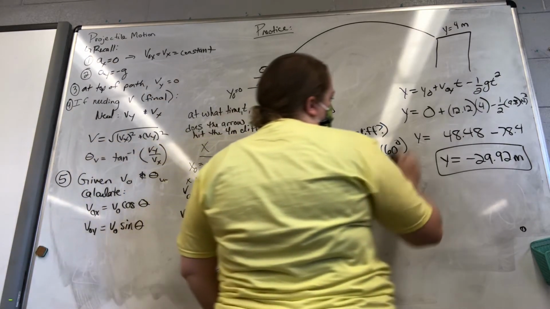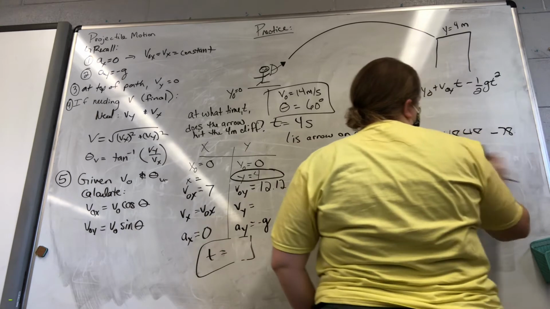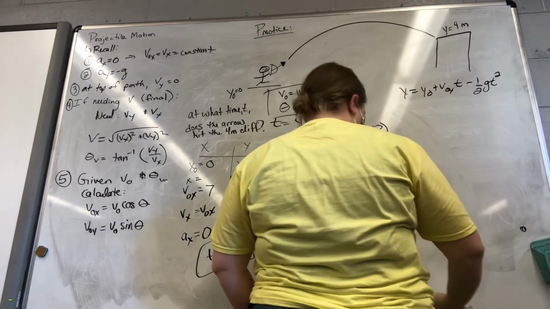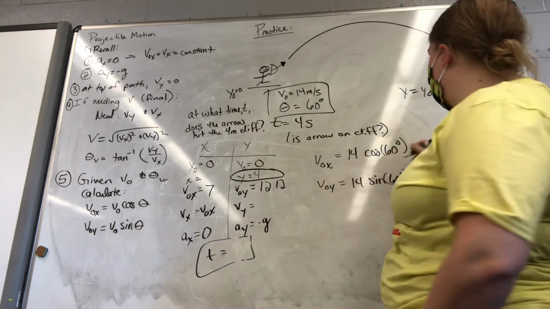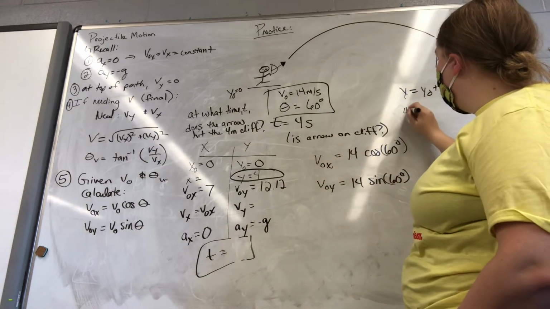You knew it was gonna happen. I'm glad we're practicing doing the quadratic equation. So then here we're gonna get 4.